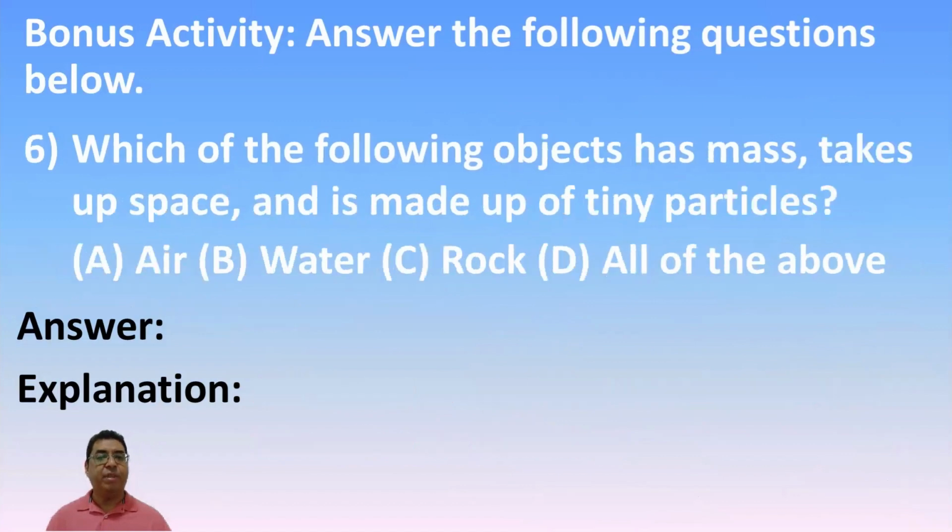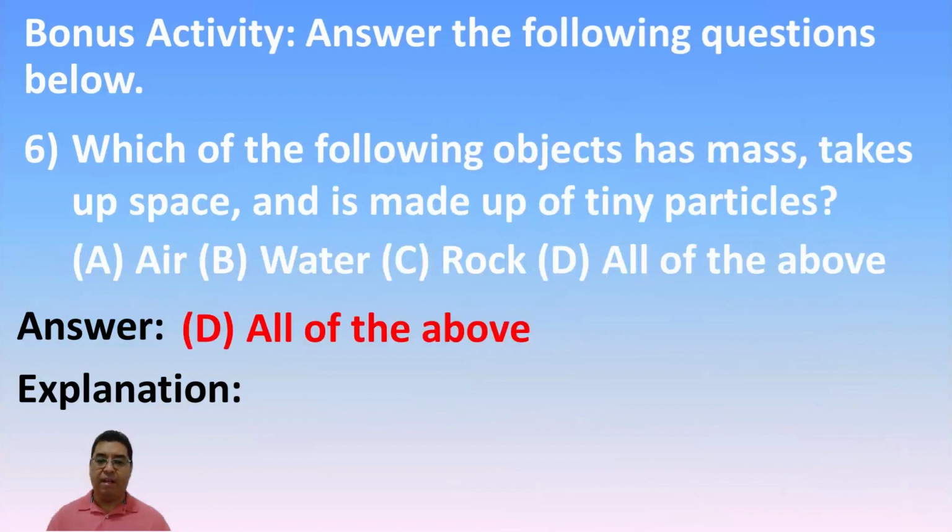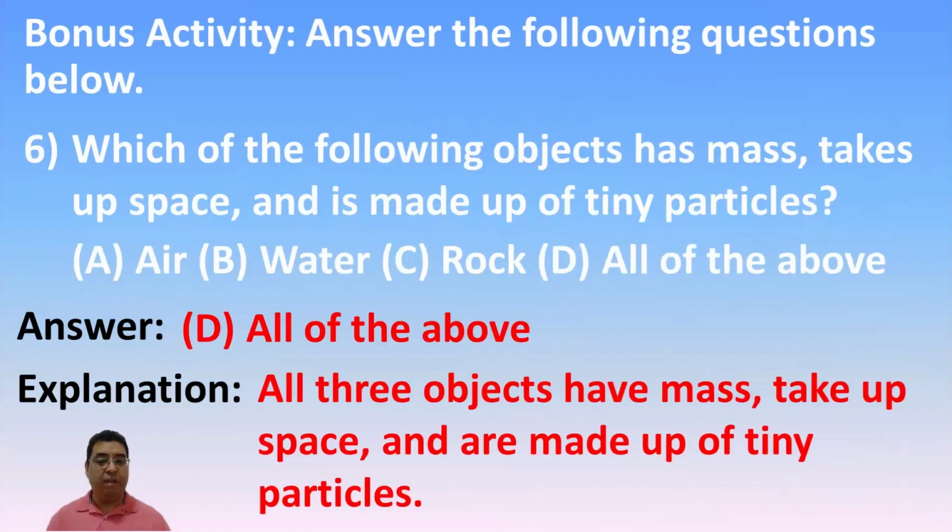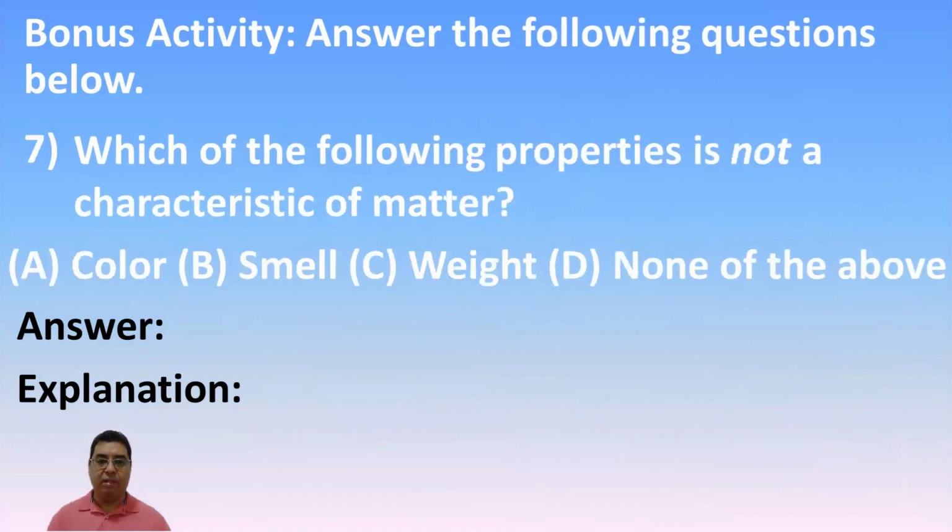Number 6, which of the following objects has mass, takes up space, and is made up of tiny particles? A, air, B, water, C, rock, or D, all of the above? Again, yes, it's D, all of the above. All 3 objects have mass, take up space, and are made up of tiny particles.